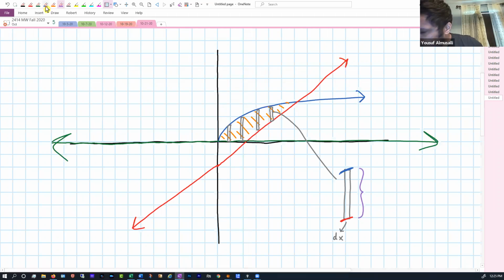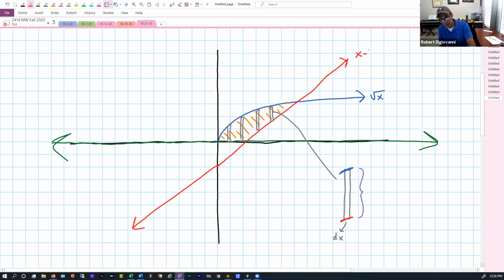I'm going to label them over here. This was square root of x, right? That's that function. The red one was x minus 2. And then, of course, the green one was y equals 0. So the blue one minus the red one would be the square root of x minus the red one. Okay, so is that our formula? Are we ready to do this? Or does someone see we have a problem?